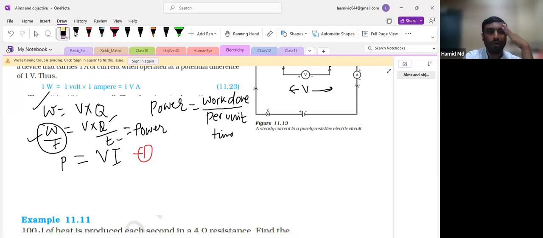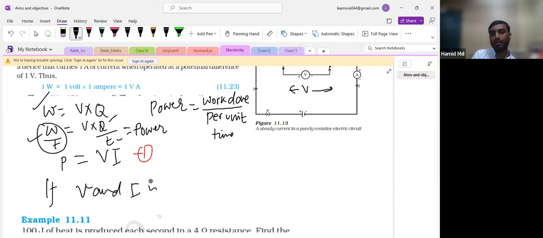Okay, so what will I do now? These two quantities, if V and I are known, then we will simply calculate the power. Got the point? If V and current are known, we use the power P is equal to VI, right?